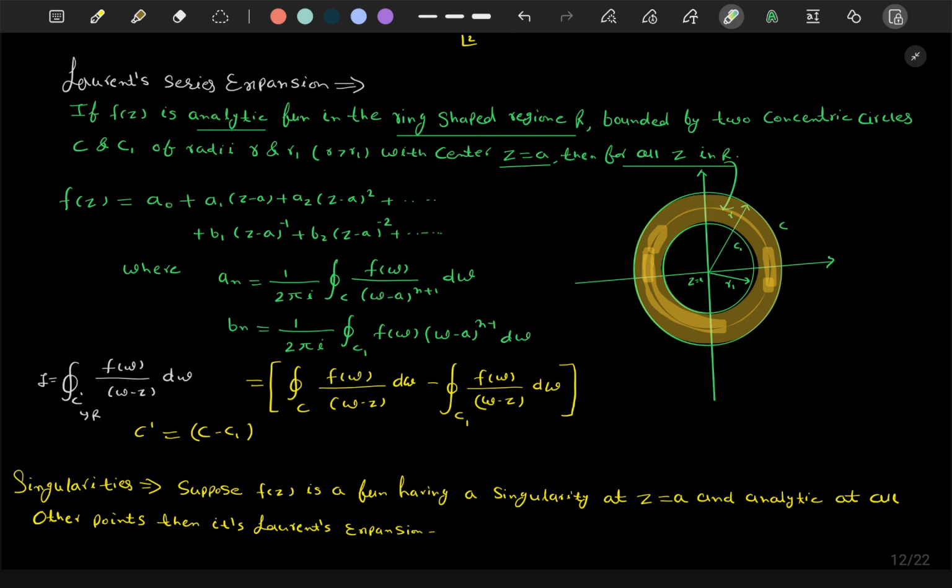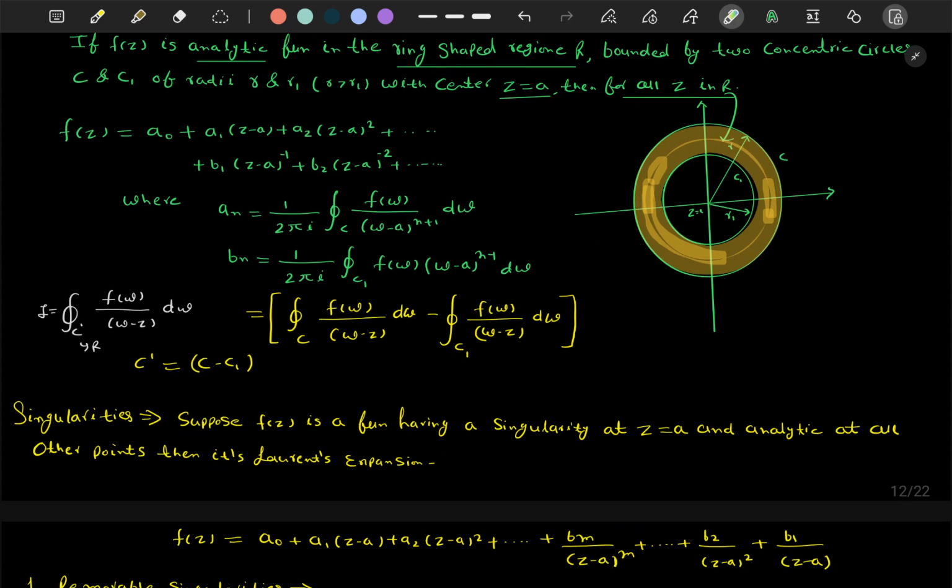Here, in all series expansions, we have to use the analyticity of the function, and the function must be in a ring shaped region R, and the center should be z equal to a. So now we can expand the Laurent series, and this certain condition must be satisfied: the center must be z equal to a, it should be ring shaped, and the function must be analytic.